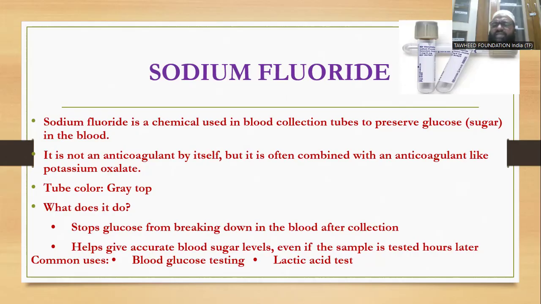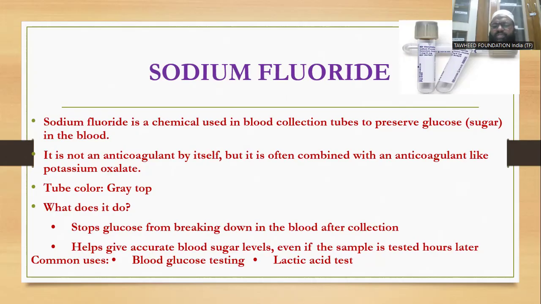Within 1 hour or 2 hours, a minimum of 5%. For example, a patient is having 100 mg per dL. After 1 or 2 hours, it may reduce by about 5 mg per dL, so we may get 95 or 90 like this. So better to avoid such a thing, we can use sodium fluoride.